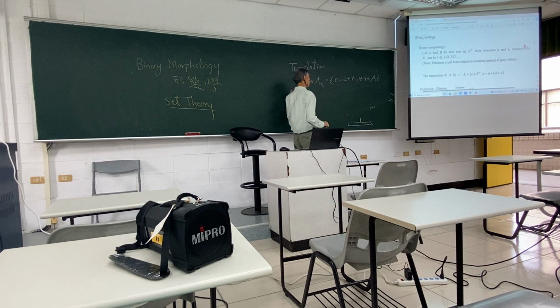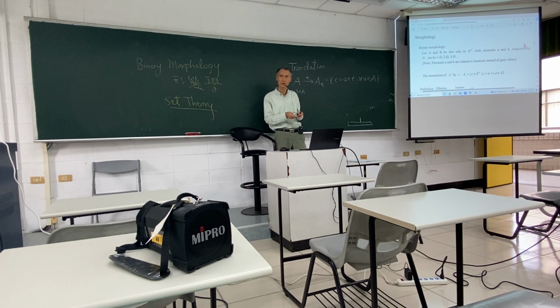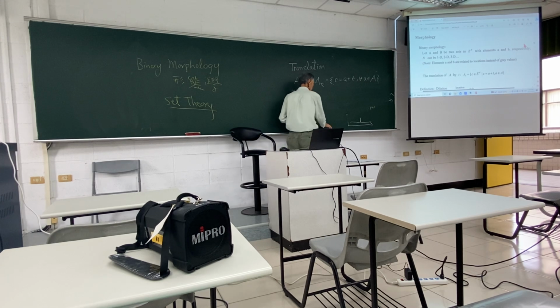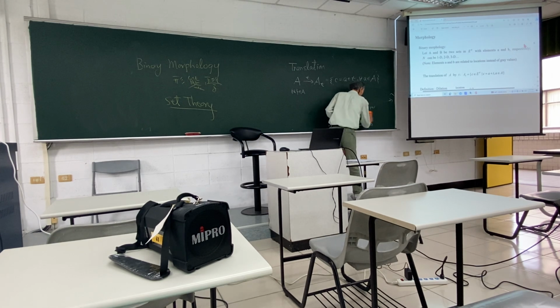So-called translation. The operation by definition is based on set theory, but eventually we don't need it, it's just mathematical. We make it formal, especially when you read the textbook or a paper about morphology. You've got to know how it works by mathematical definition.